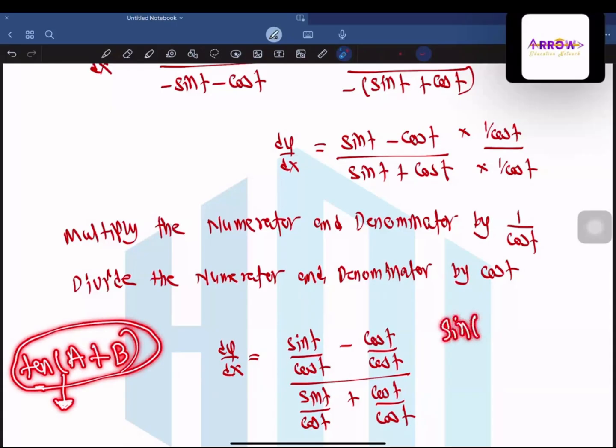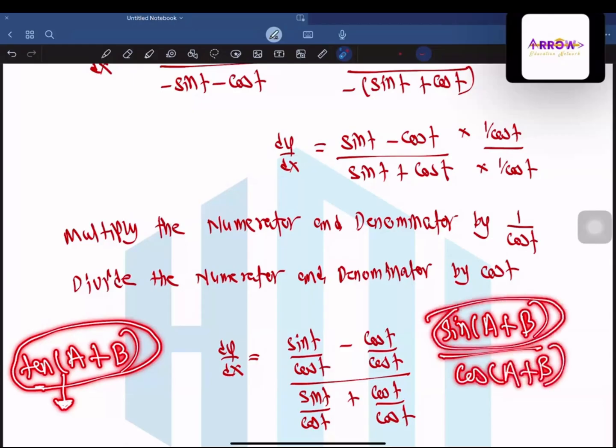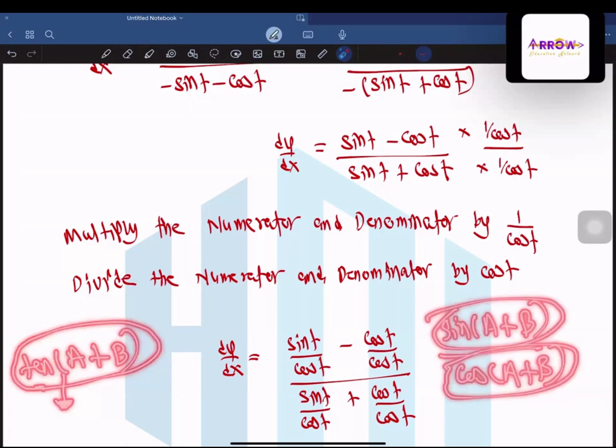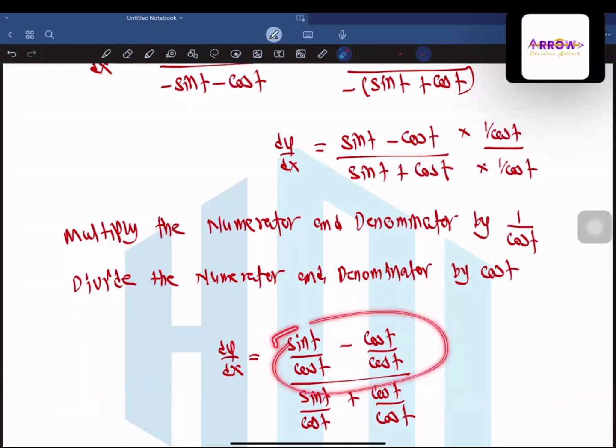When you expand sine a plus b divided by cos a plus b, at the top you expand sine, at the bottom you expand cos. So basically the same type of steps are being performed over here because we need a specific form in the form of tan t. That's basically the whole concept, the whole idea behind this.